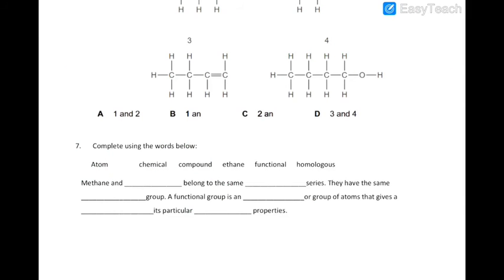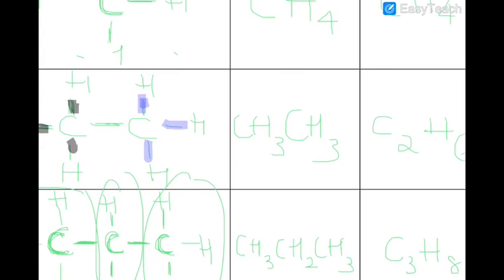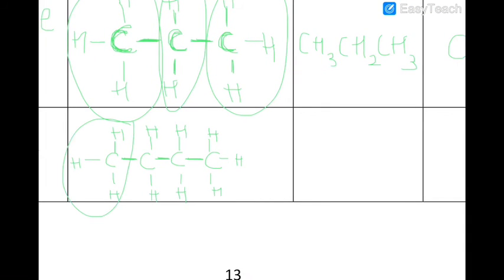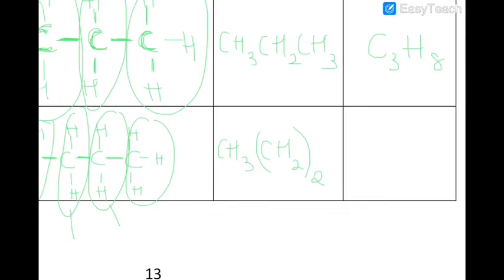For the structural formula, there is 1 group, 2 groups, 3 groups, 4 groups. So let's draw one by one. CH3, CH2, but how many CH2 do we have? We have 1 CH2 here and a second CH2 here. So we'll put CH2 twice and then CH3.